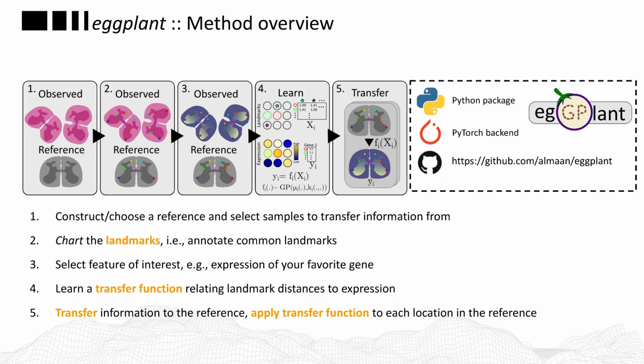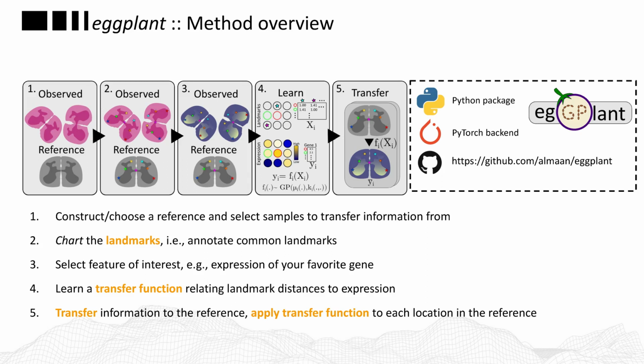We then select a feature of interest, for example, the expression of our favorite gene that we want to transfer from the observed data to the reference. Then we learn a transfer function relating landmark distances to the gene expression of this favorite gene. And finally, we transfer the information from the observed data to the reference by applying this learned transfer function from step 4 to each location within the reference.